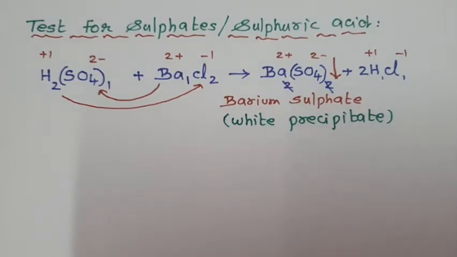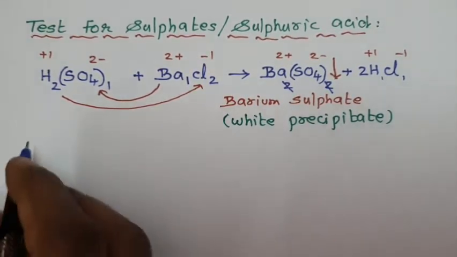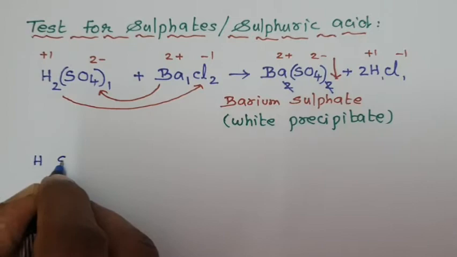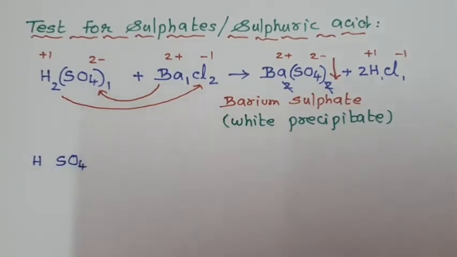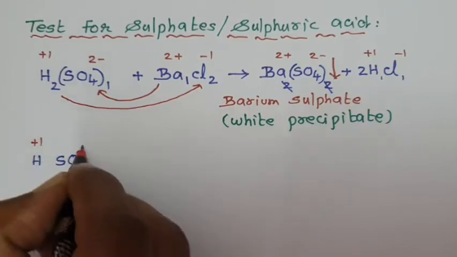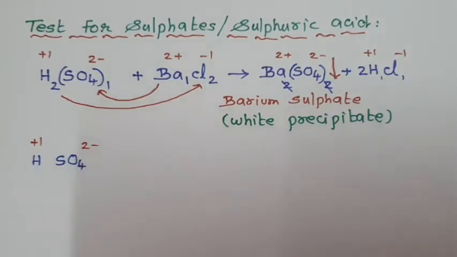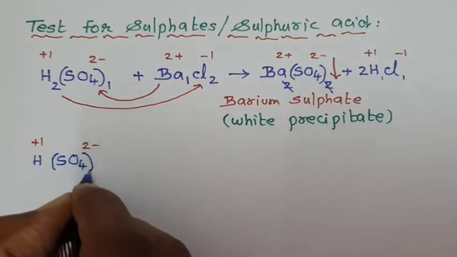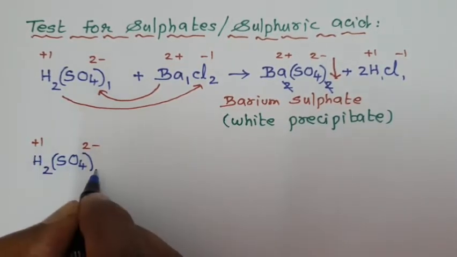Then one more test for this. When a dilute solution of sulfuric acid, H2SO4, hydrogen is a monopositive ion. Sulfate is a 2- ion, sulfate SO4 2- ion. That 2 is here, this one is there.